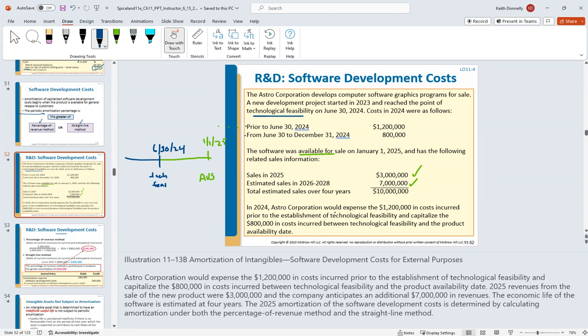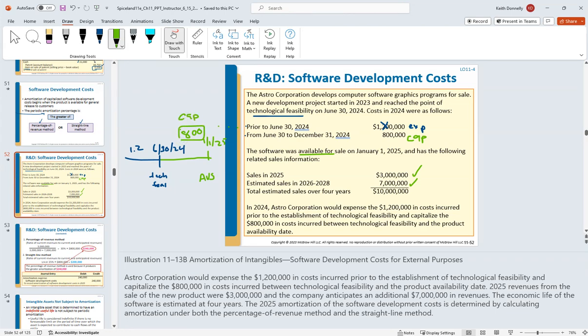Okay, it says in 2024, Astro Corporation would expense the 1.2 in costs incurred prior to the establishment, right? So 1.2, these guys we expense, because they're before technological feasibility, and they would capitalize the 800,000 over here. So the question becomes, we have this 800,000 that we capitalized.